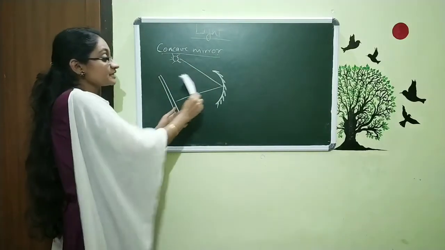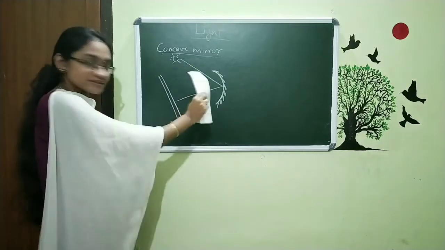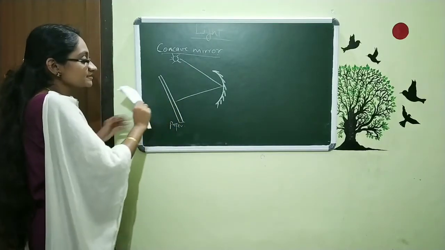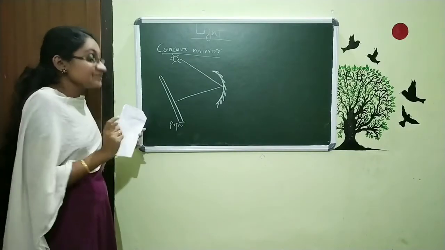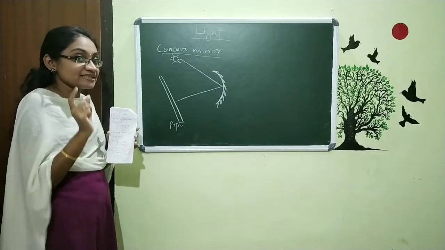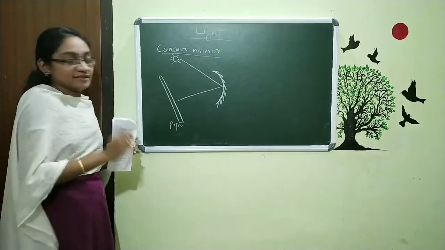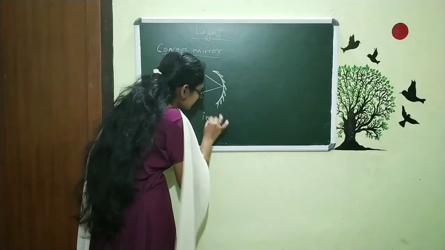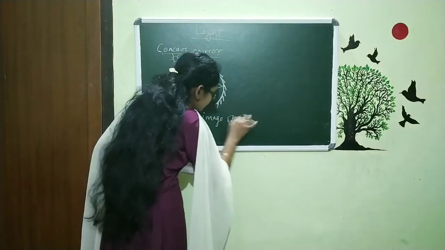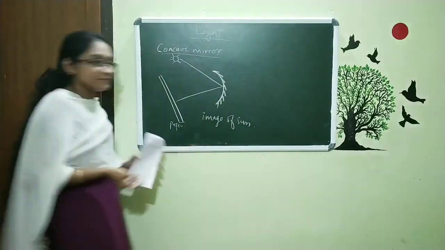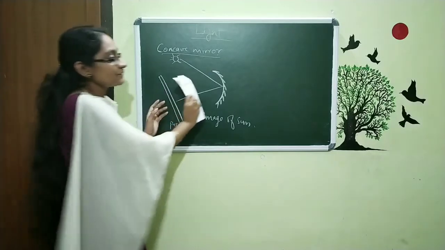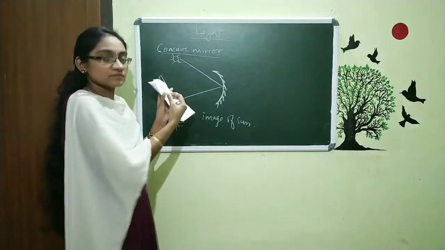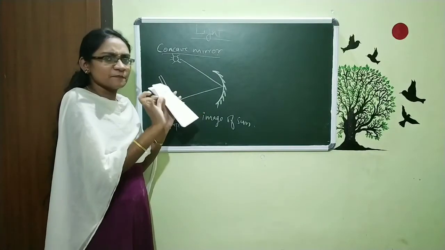And at a particular distance, you can see a bright spot on this paper. That is actually the image of the sun. That means you can see the image of the sun, but at some places you can see a blur image, not at all bright.